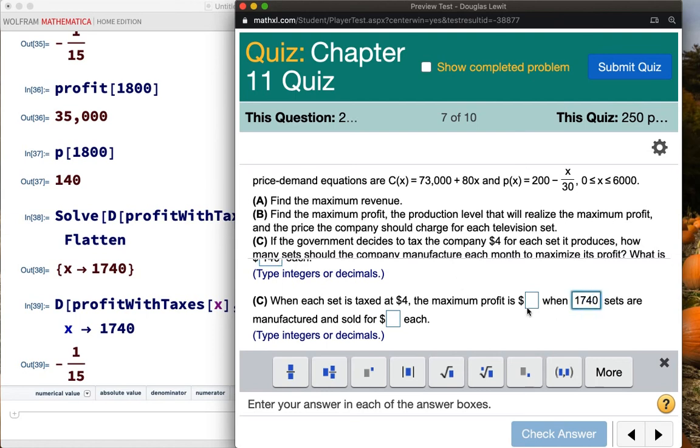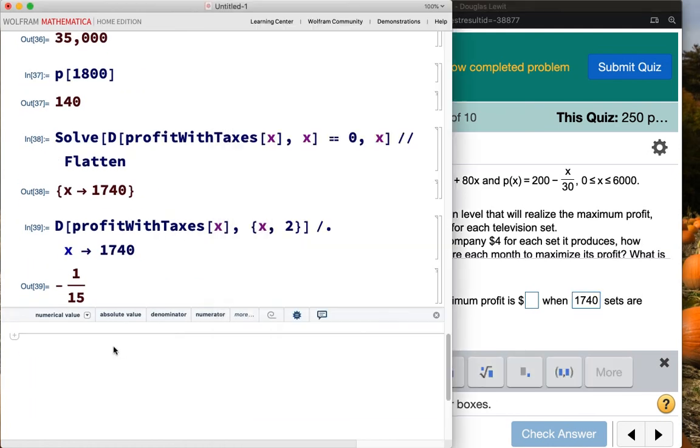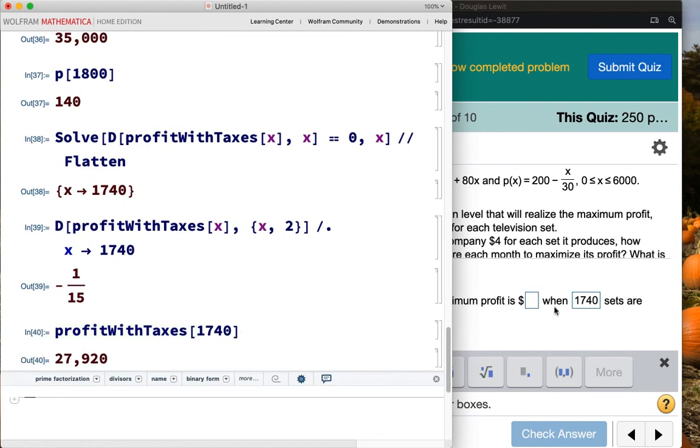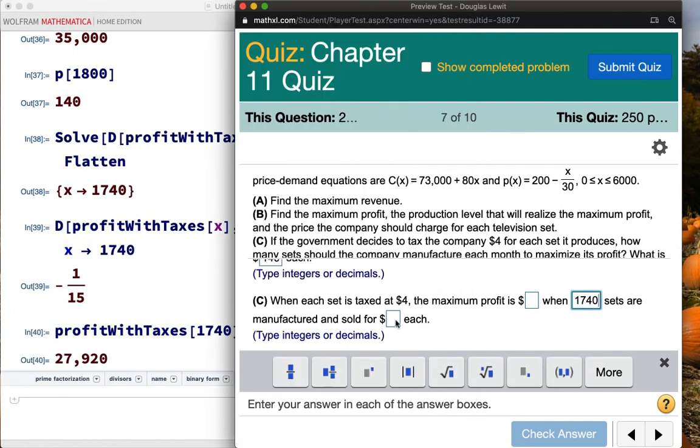1,740 television sets were manufactured. The maximum profit is profit with taxes of 1740. That's $27,920. Oh, sorry, this should be like $27,920.